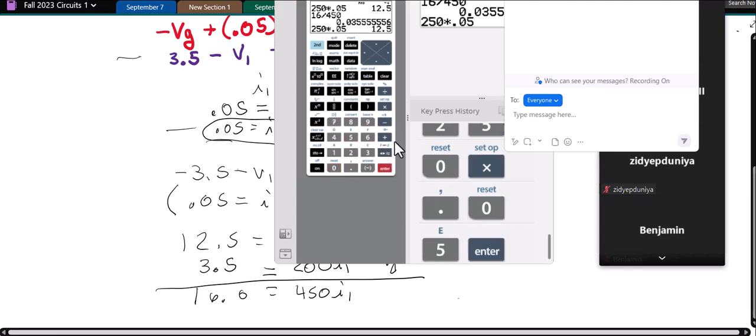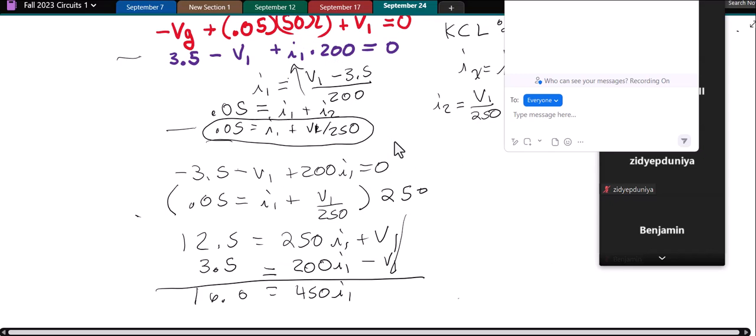That was 12.5, and then 250 times I1 was 250 I1, and 250 times V1 over 250 is V1. So that's where that came from. Does anybody see anything else that looks like it might be wrong?